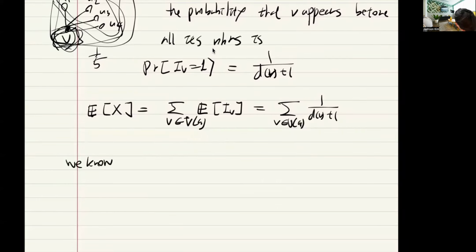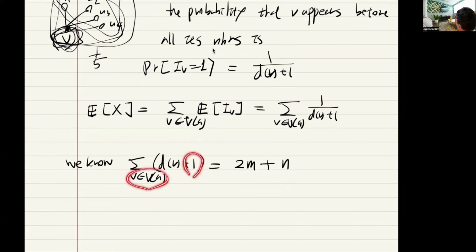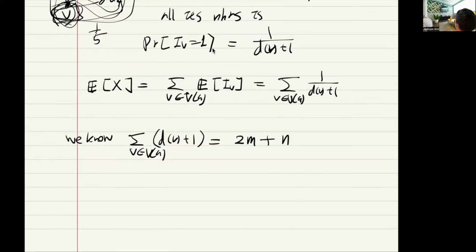But what we know is that if you just sum these numbers, by the handshake lemma, we have 2 times the number of edges plus n, since this 1 is added n times. So this is fixed. There are numbers whose sum is fixed, and then you flip them, take the reciprocal of them, and then sum. You take the harmonic sum.